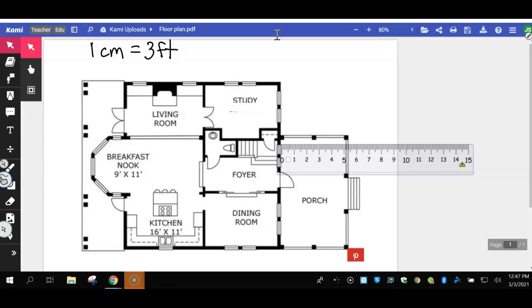Why is that so much better than our feet and inches system? Smaller, more accurate, very true. Well, you can have small inches, right? You can have 1/8 of an inch, 1/16 of an inch, but it can get small, and how is it to calculate?